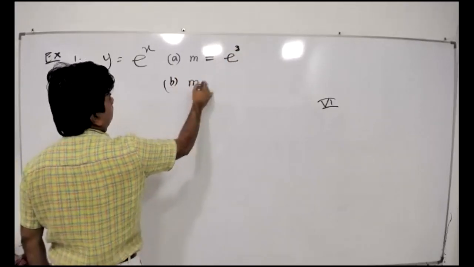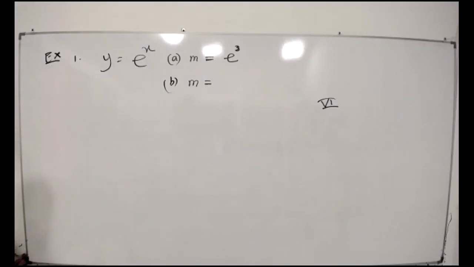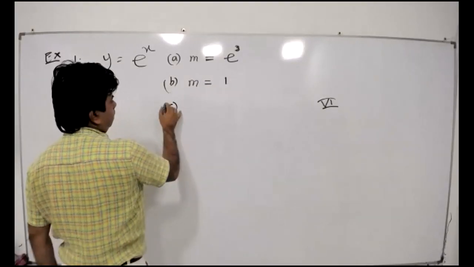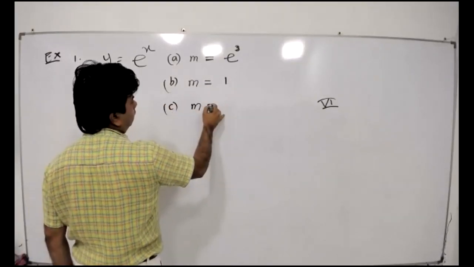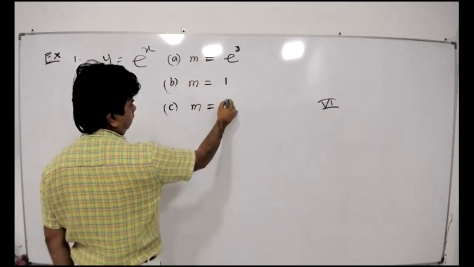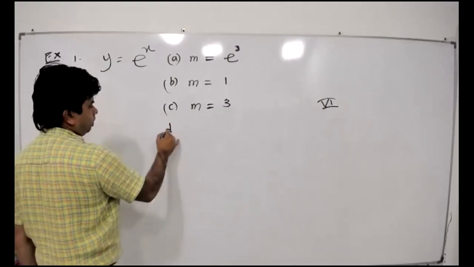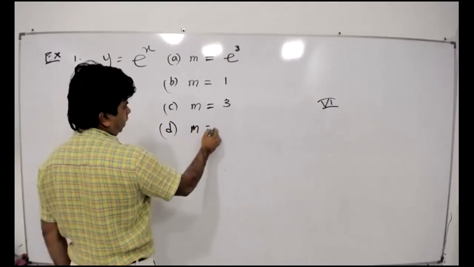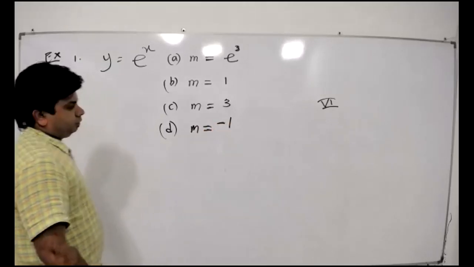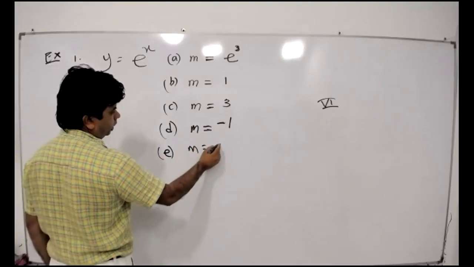Part B for the gradient 1. Part C for the gradient 3. Part D for the gradient minus 1. The gradient 0.